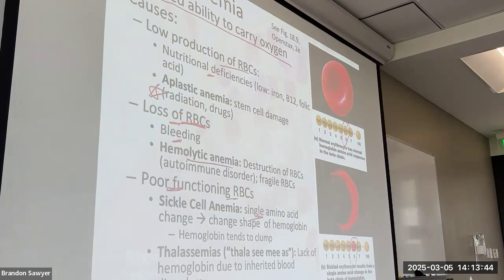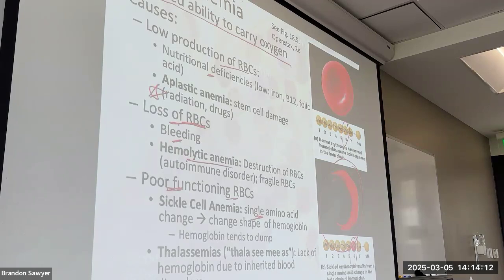And it totally changes that hemoglobin protein, so that under low oxygen conditions, hemoglobin turns into this sickle-shaped rod, really stiff, and it makes your red blood cells do that. And makes them really fragile, and they get stuck in places, and you get blood clots and ischemia in places. And so it's a very debilitating disease.